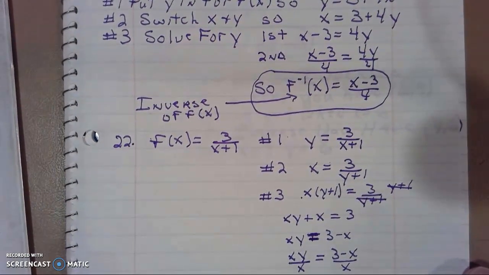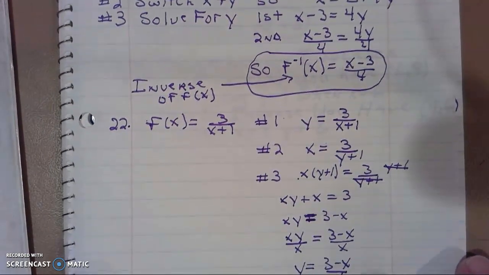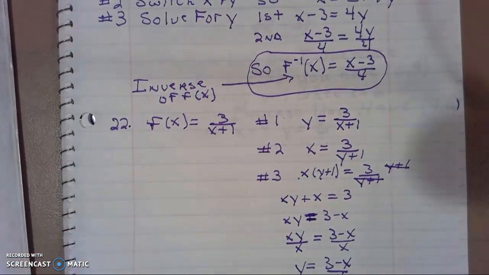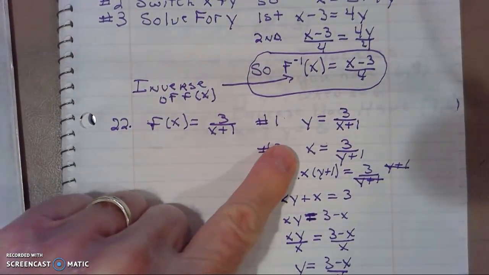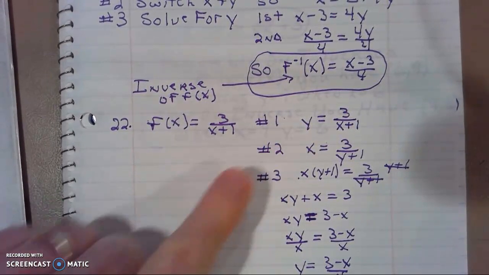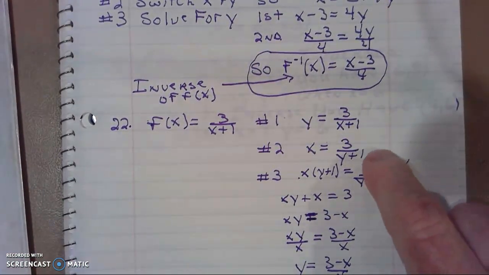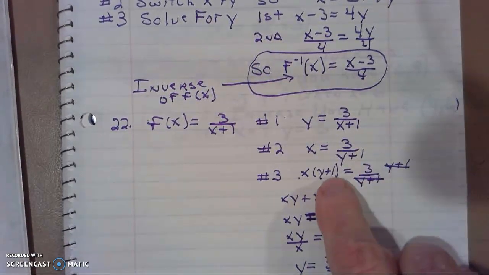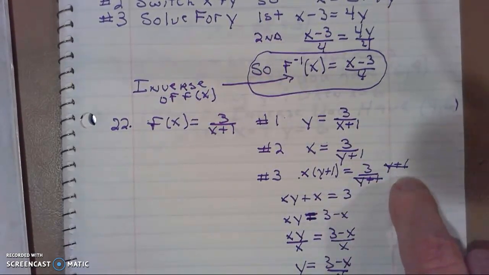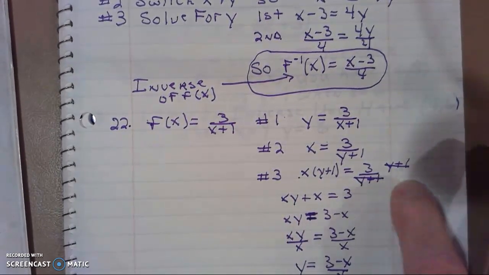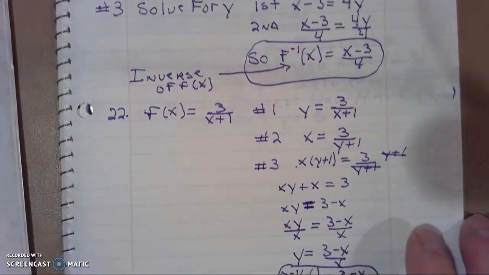22, same thing. 3 over x plus 1. First I make y equal to 3 over x plus 1. Then I switch them around. X equals 3 over y plus 1. Then, because of this denominator, I multiply by y plus 1 on each side. So xy plus x, when I multiply that out, equals 3, because the y plus 1's canceled out.